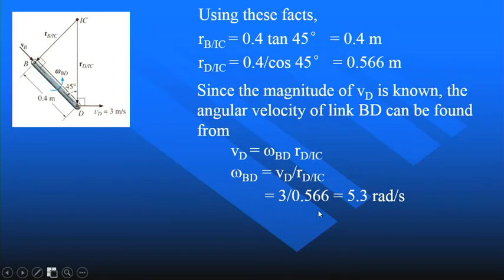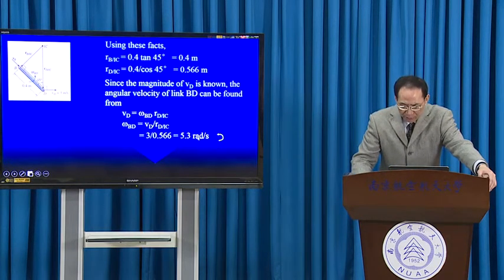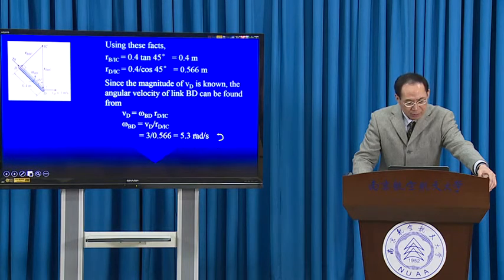Okay, this is the first solution, the omega of BD. This is positive, which means the assumption of rotation sense is correct, so it is counterclockwise.